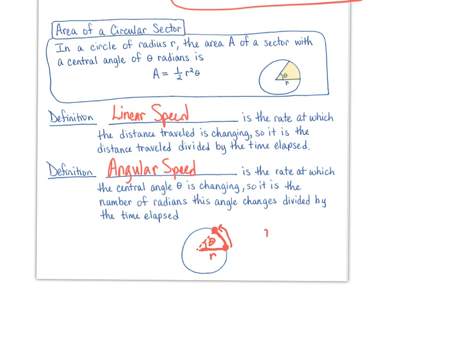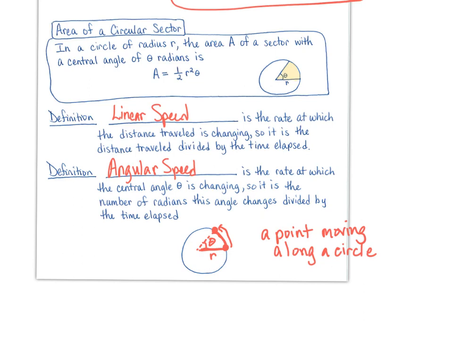Okay? So you have a point moving along a circle. And then you can ask questions about the linear speed and the angular speed. So it's all coming from moving that point.